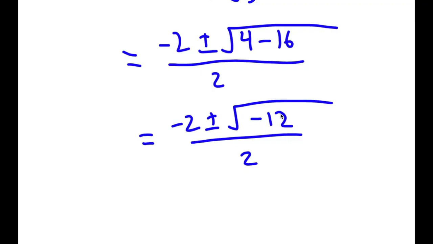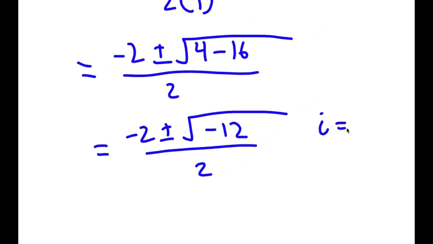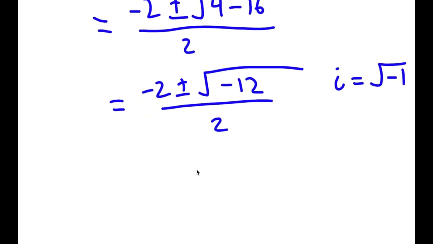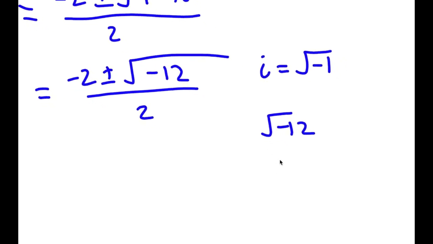Now the square root of negative 12, I know that a lot of you out there think that the square root of negative numbers is not possible, but that's where i comes in. Now the square root of negative 1 is i. So the square root of negative 12, well, 12 is equal to 4 times negative 3.